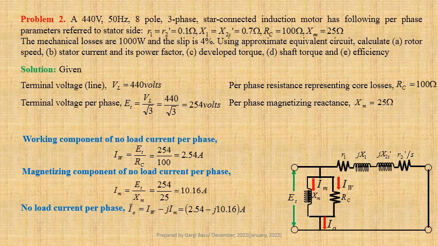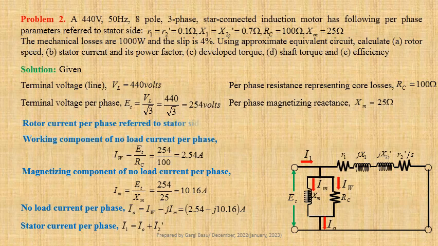Now we shall determine stator current per phase. I1 equals I0 plus I2 dash. We have determined rotor current per phase referred to stator side, I2 dash equals 86 ampere at an angle minus 28.3 degree.